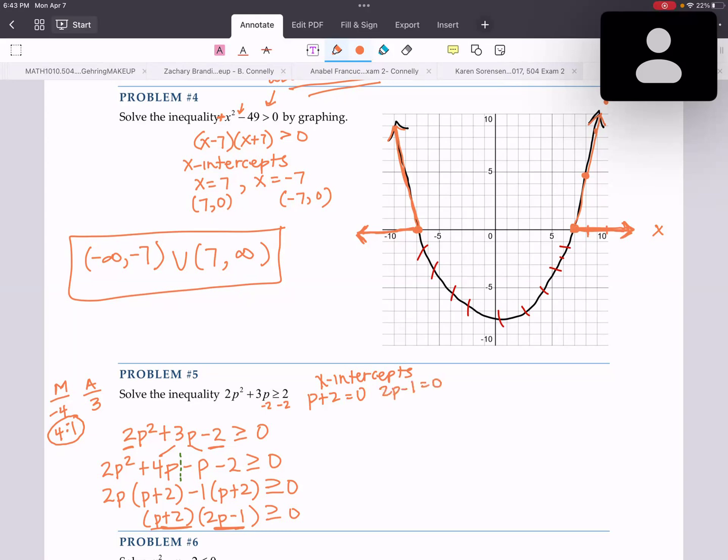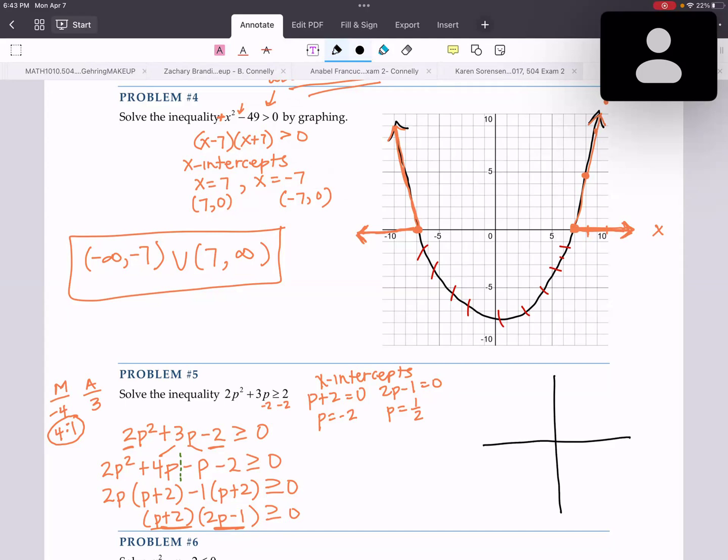I say x-intercepts, but we're dealing with p, but same kind of thing. So here we get p equals -2, and then here if we add the 1 over, divide by 2, we get p equals 1/2.